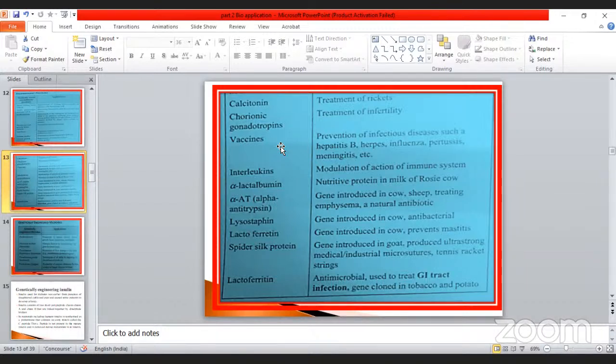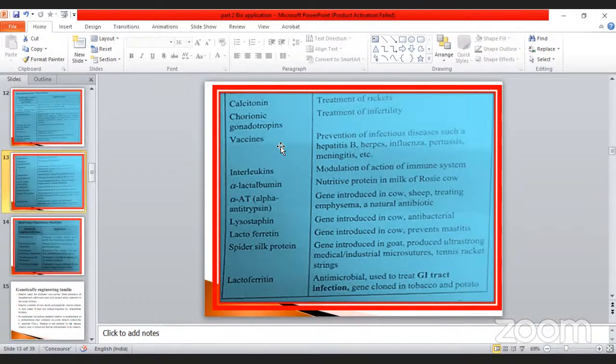Next one is alpha lactalbumin. It is also very important. Nutritive protein in milk of Rosie cow. For some cows, the protein content will be very low. In such cases, we can enrich the alpha lactalbumin in their milk by this technology.